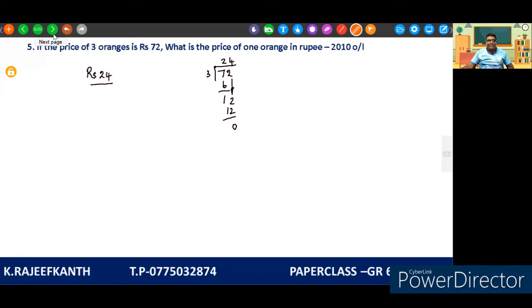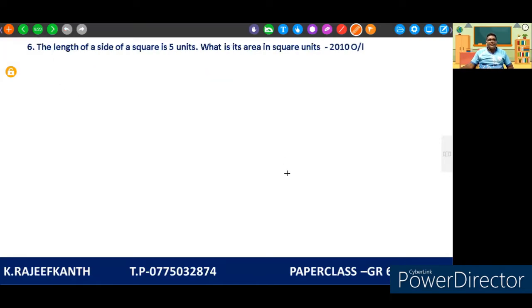Then question number 6. The length of a side of a square is 5 units. What is its area in square units? Here, this is also a 2010 O-level paper question. They have given the length of a side of a square is 5 units.